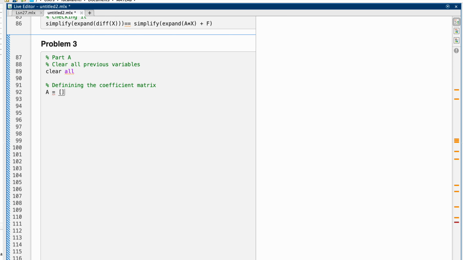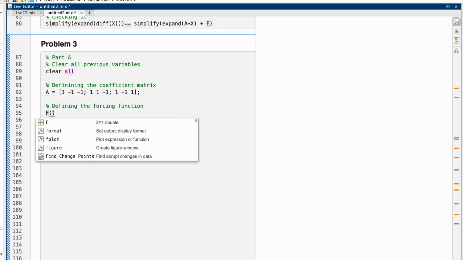So let's say we have the matrix A, and that is 3, -1, -1 for the first row, 1, 1, -1 for the second row, and 1, -1, and 1 for the third row. We put a semicolon at the end because we don't want to output it.